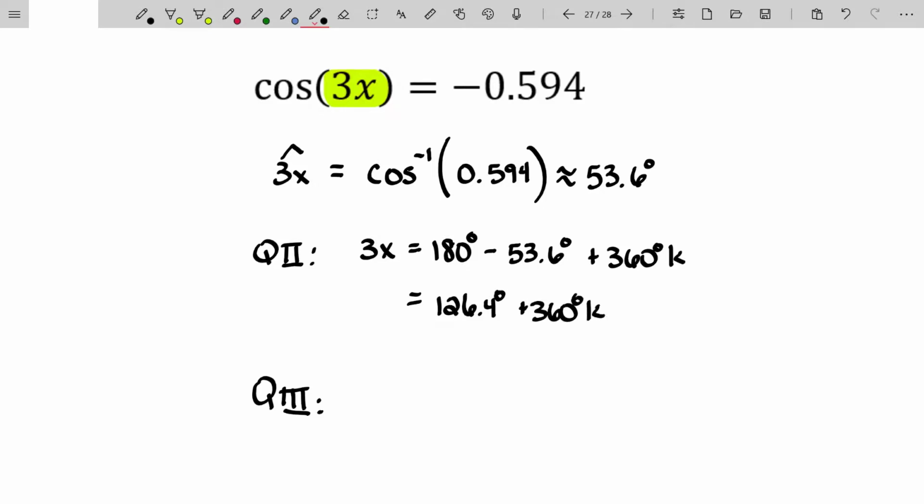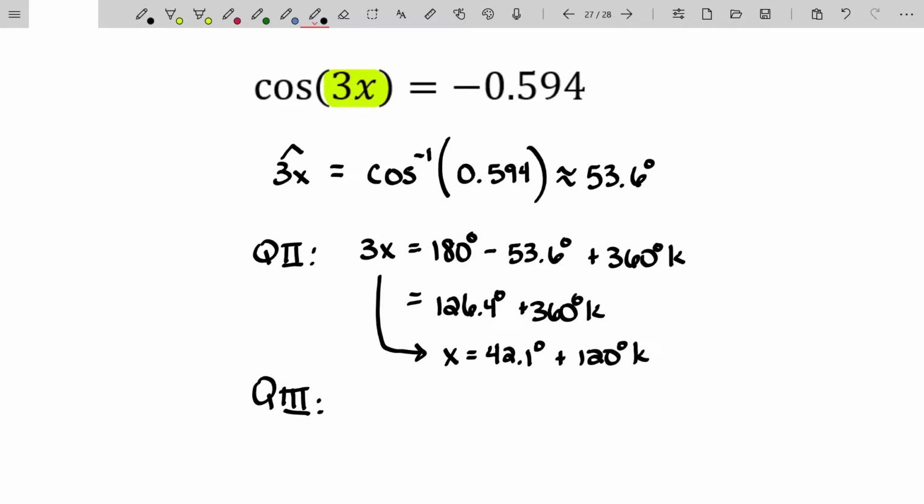Now I'm going to divide both sides by 3, so x is equal to 126.4 divided by 3, which is 42.13, rounded to the nearest decimal place because it is not exactly that, plus 360 divided by 3, which is 120.